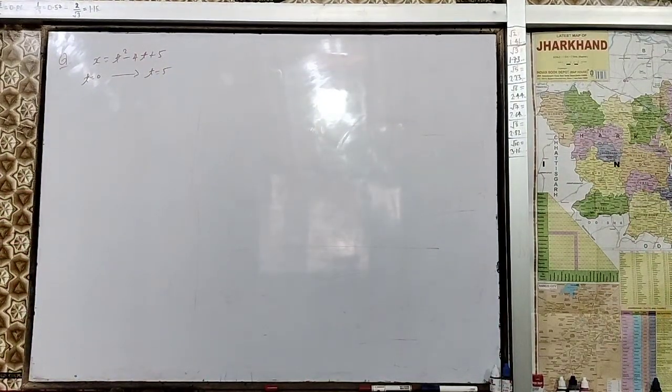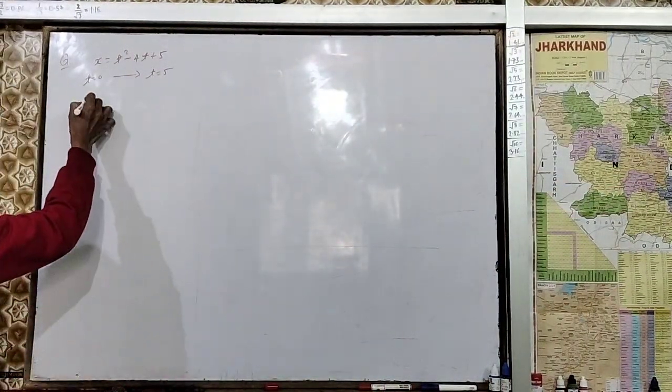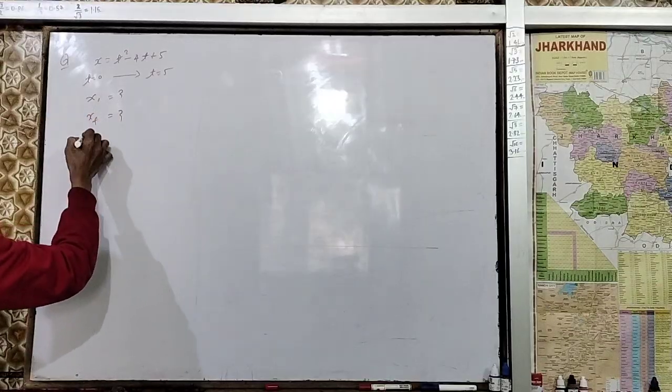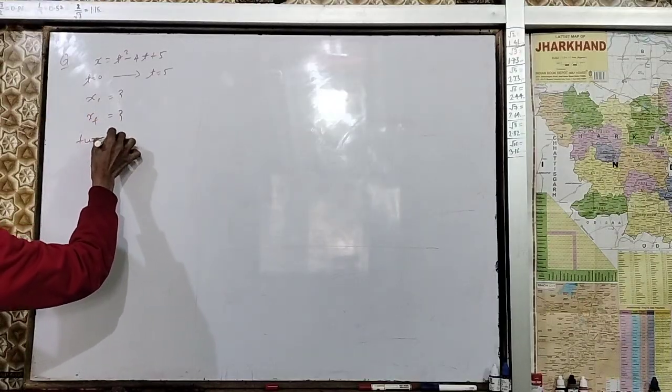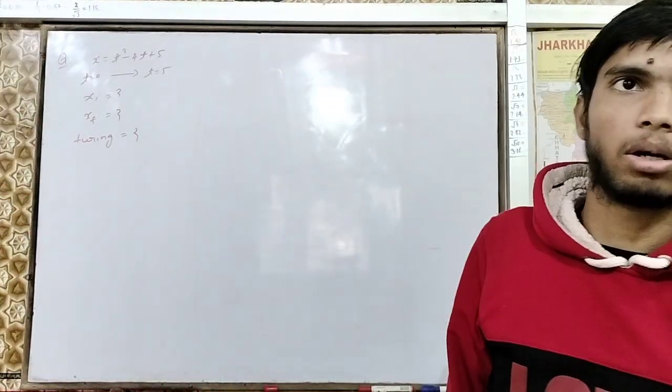First step is to find the initial location, the final location, and the turning point of the particle.